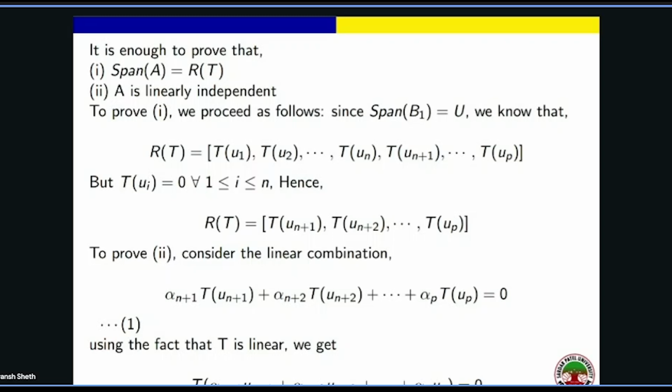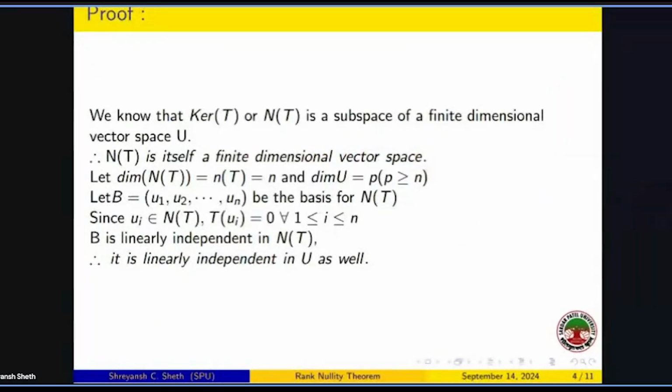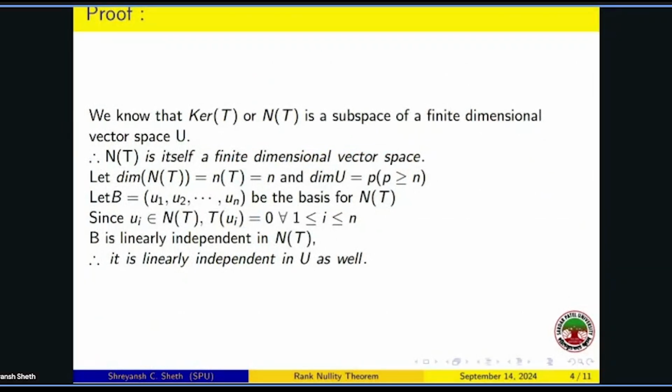But we have shown that u1, u2 up to un are the basis of the kernel of T. So if I apply T on these u1 up to un, these n vectors, the image of those vectors is 0. You can see here T of ui is 0 for all i running from 1 to n.